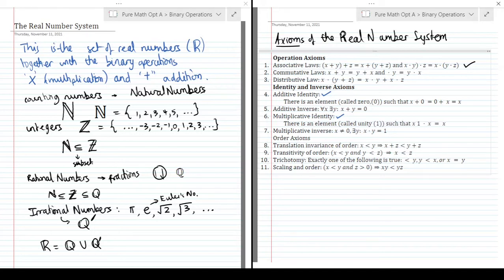So there's an element called unity such that x multiplied by 1, so x times 1, oh, so much of this didn't copy and paste properly. Anyway, x times 1 is equal to 1 times x, which is just x.